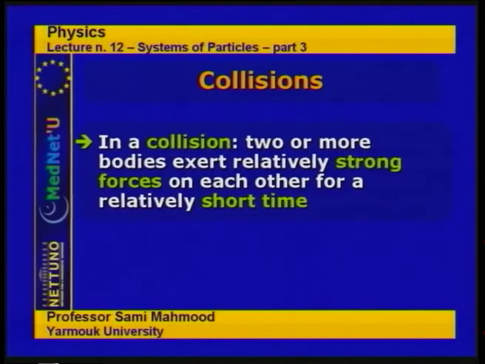This is a special type of interaction between objects, and we can define it vaguely as the interaction in which two or more bodies exert a relatively large force on each other, strong force on each other, for a relatively short period of time.